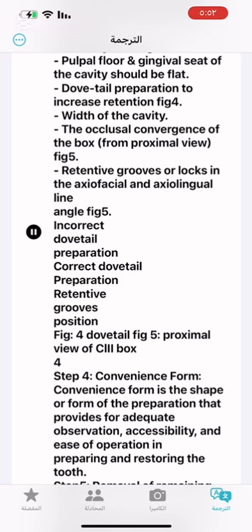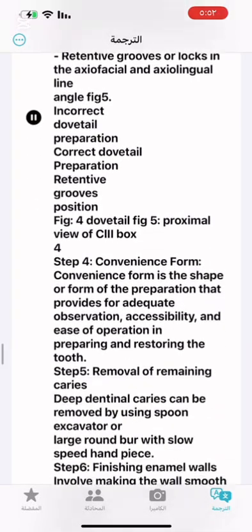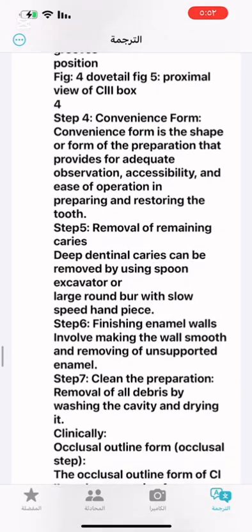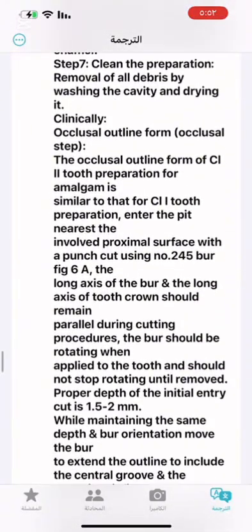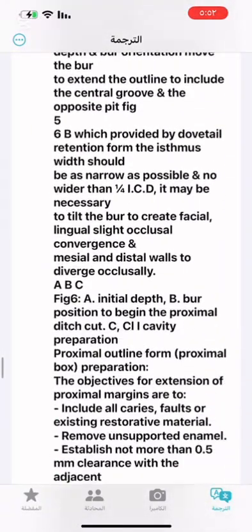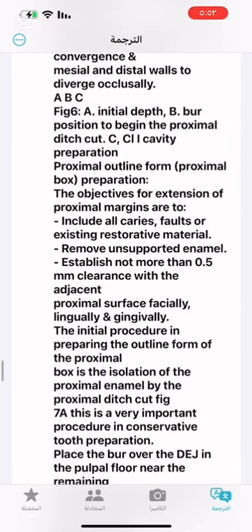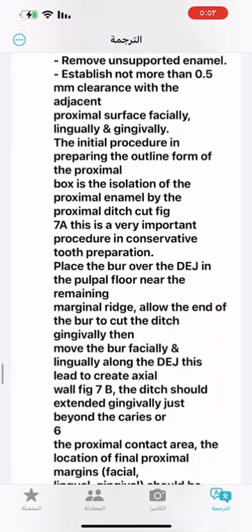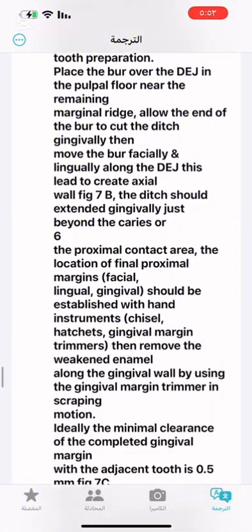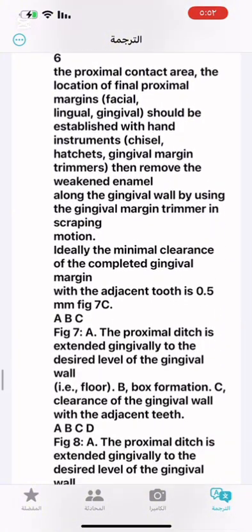The proximal contact area, the location of final proximal margins, facial, lingual, gingival, should be established with hand instruments: chisels, hatchets, gingival margin trimmers.